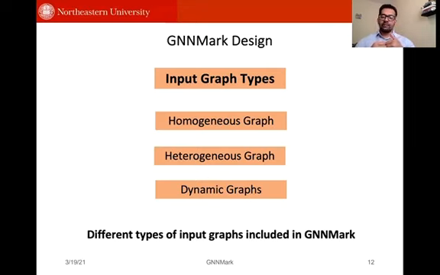For example, a music recommendation graph, where the music and the users represent different nodes, and then you would connect these nodes via edges. And finally, we have dynamic graphs, where the property of the graph itself can change over time. So, for example, when dealing with traffic data, the traffic patterns can evolve over time, and so we need to find a way to process this data along the temporal dimension as well.